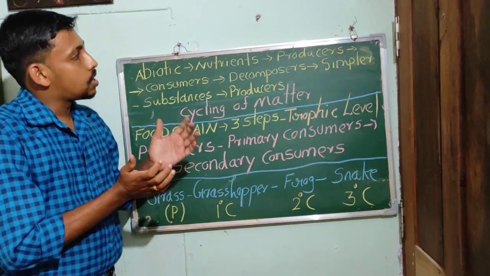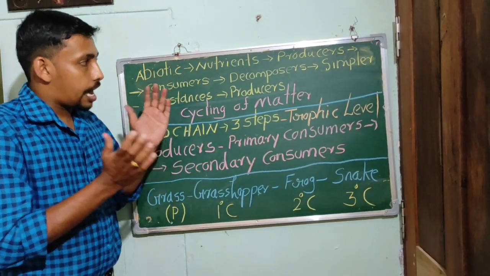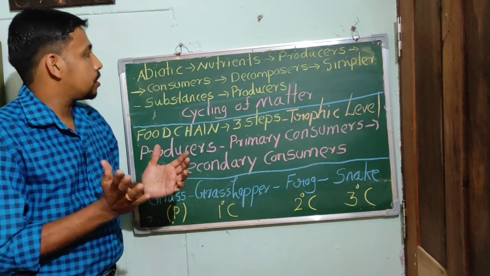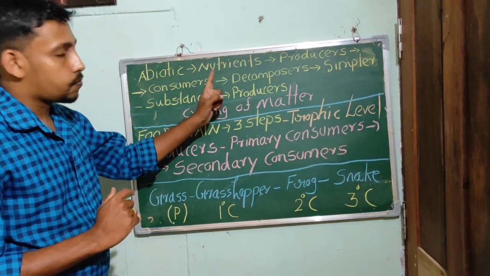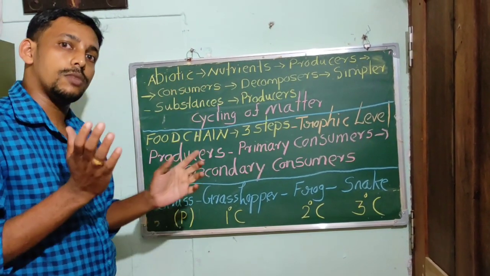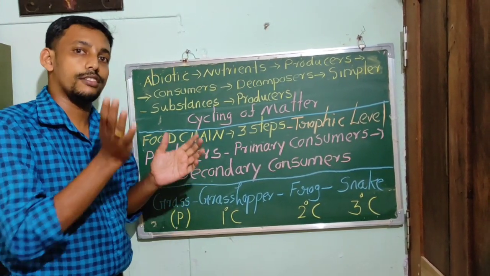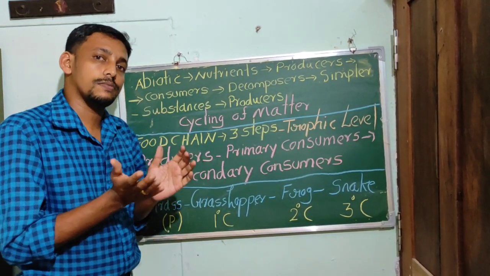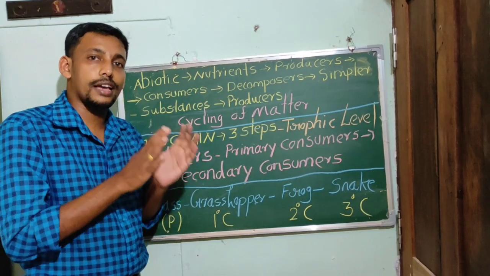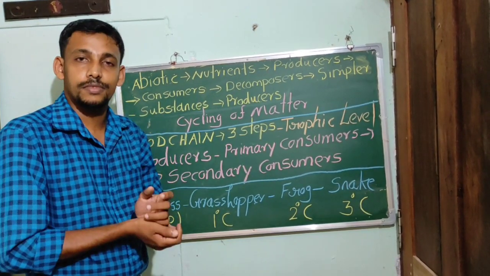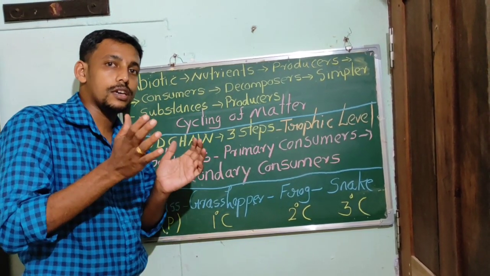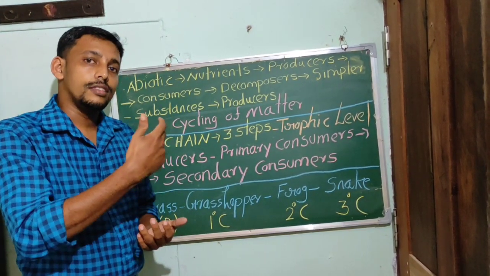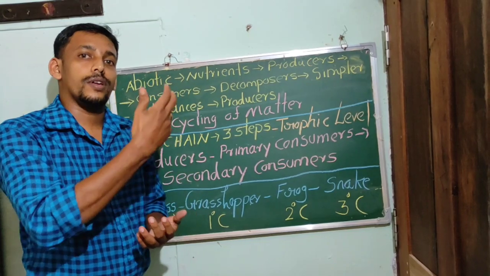And how do animals get this energy? It is through food. Some animals may be eaten by other animals. There are herbivores which eat only plants and plant products, and these herbivores are eaten by carnivorous animals. In this way, there is a flow of energy.